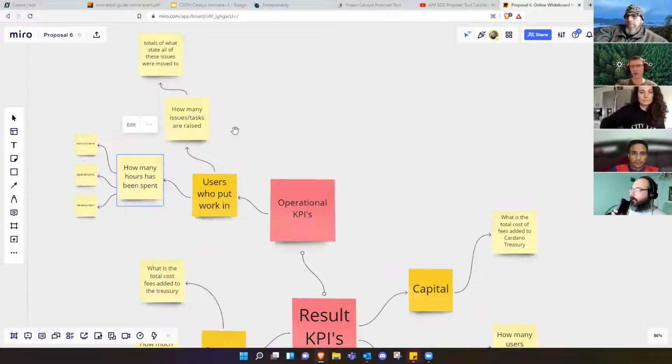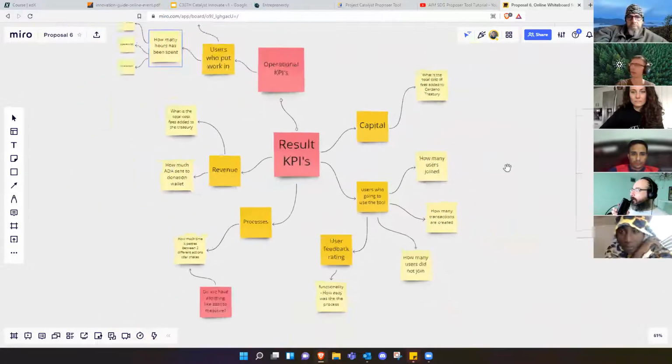When you create a proposal and get funded in the Coordinator program, you have to give them KPIs. But if your project is something like, how many users join, how many transactions are made, but the application is not built yet, then you want to use different kinds of KPIs to show that progress is made towards a delivery. And when the delivery happens, then you can take over with the different KPIs.